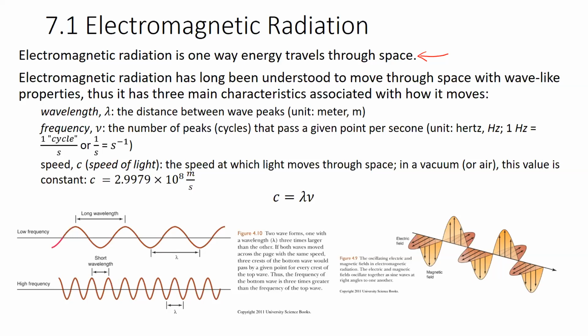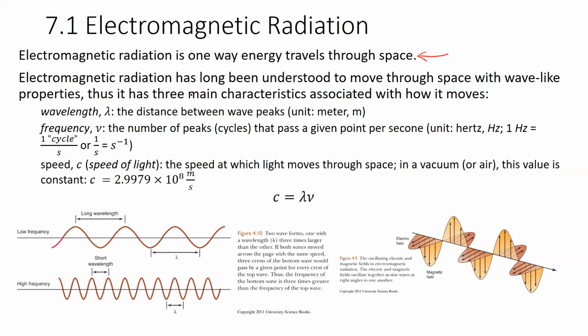And so the electromagnetic radiation that we're going to look at is related to light, whether that's visible light, ultraviolet light, infrared light, and then there are some other types of electromagnetic radiation that we don't really consider to be light in the same way, but it's related to light because it is still how energy transitions and moves through space.